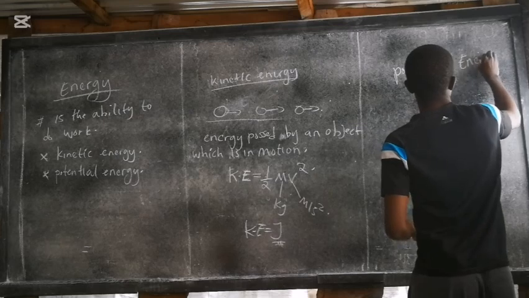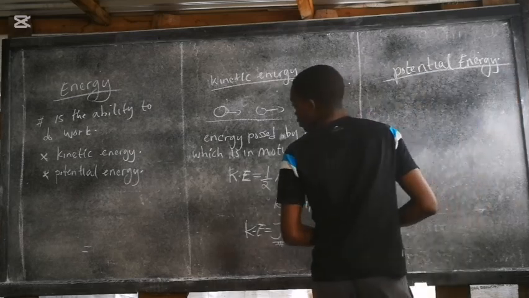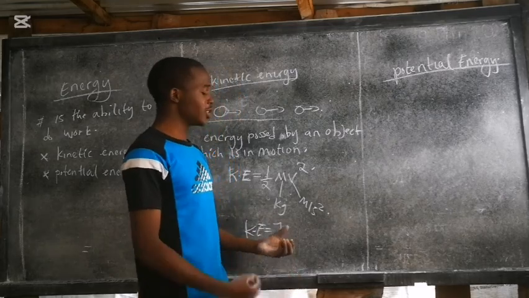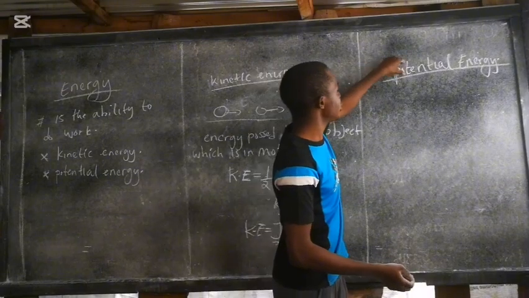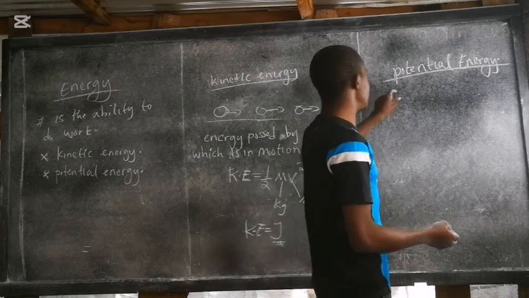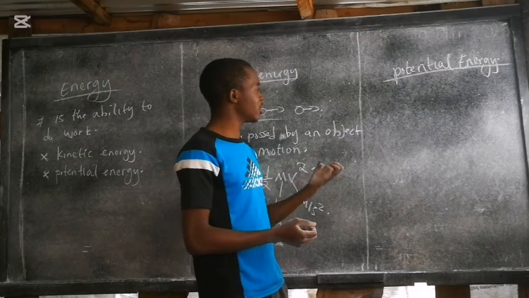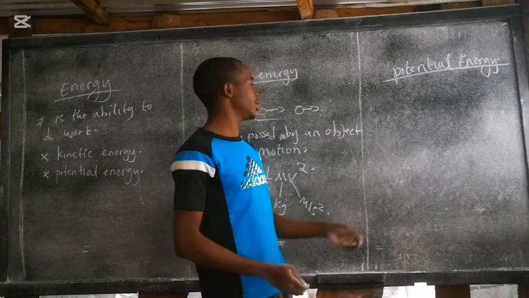So potential energy. What is potential energy? This is the energy possessed by an object which is not in motion. A stationary body or stationary object possesses what we call potential energy.